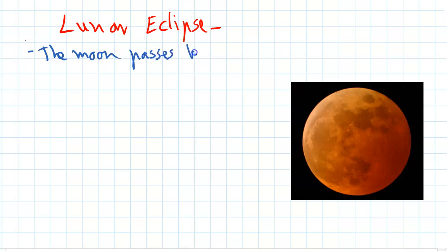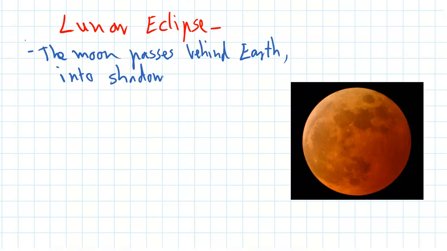So it passes behind Earth into Earth's shadow, and then that's how the moon gets blocked out.